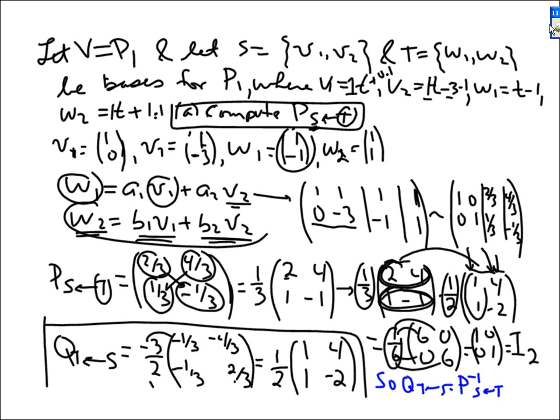So now we have a way of taking the coordinates of vector V in one basis and just multiplying by a transition matrix, and voila, you get the coordinate vector of that vector V in a different basis. Pretty neat. That completes the section on coordinates and change of bases.